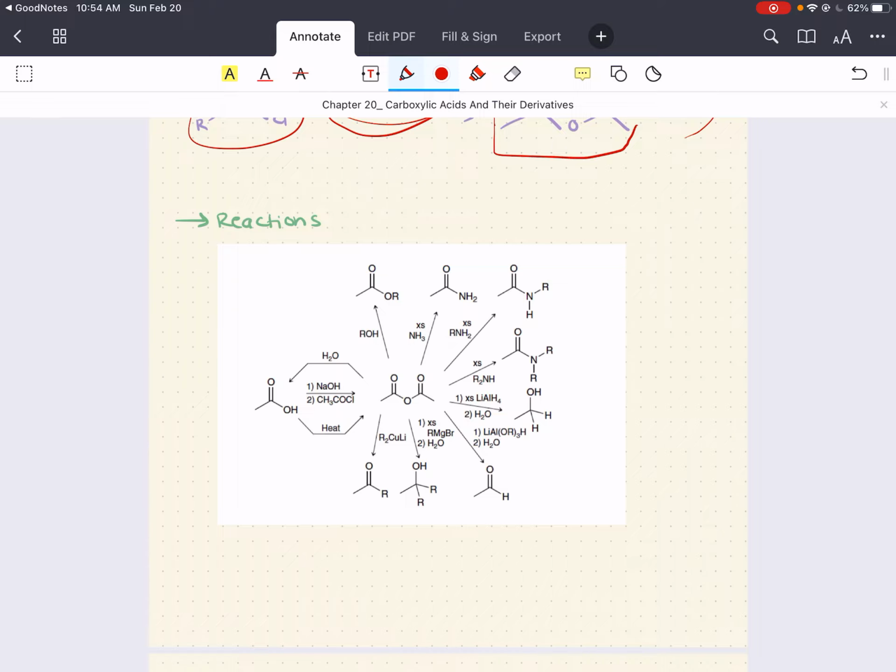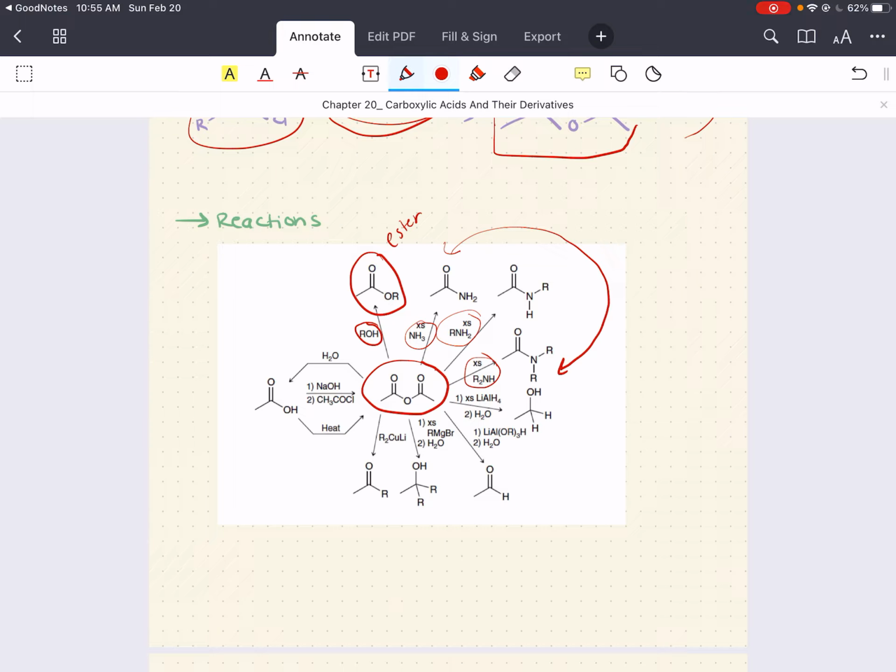Now here is a very nice diagram to summarize our acid anhydride reactions as well. If we have acid anhydride, we can convert it into an ester just by treating it with this ROH group. We can convert it to an array of amides that are either just amides, or the nitrogen is primary or secondary. It just depends on our amine nucleophile that we treat it with.